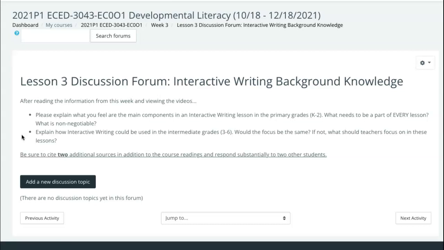Would the focus be the same? If not, what should teachers focus on in these lessons? Please be sure to cite 2 additional sources in addition to our course readings and respond substantially to 2 other students.